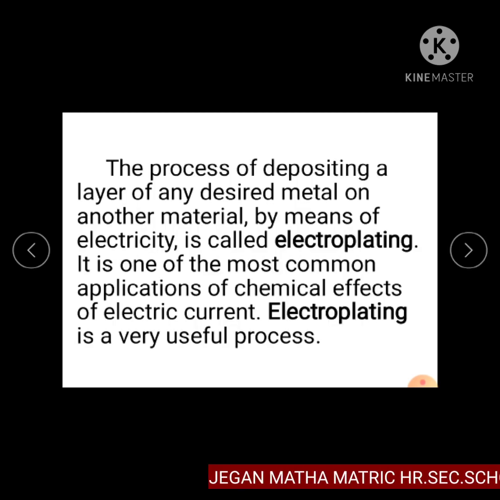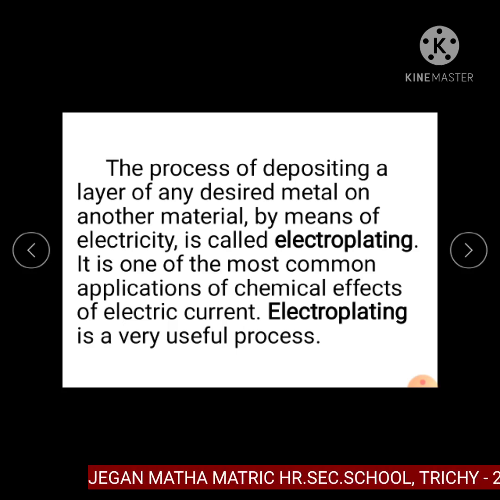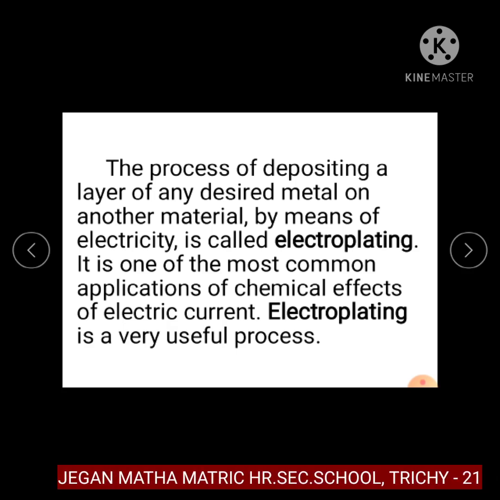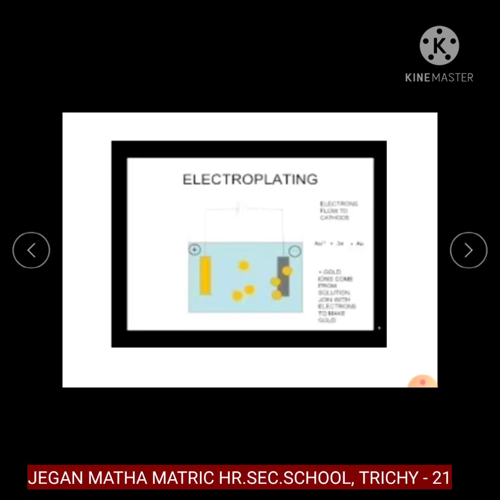The process of depositing a layer of any desired metal on another material by means of electricity is called electroplating. It is one of the most common applications of the chemical effects of electric current. Electroplating is a very useful process.